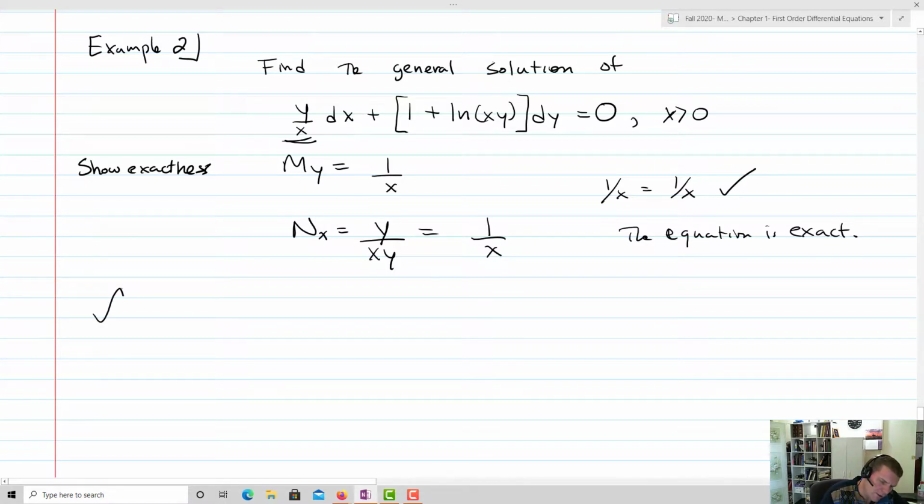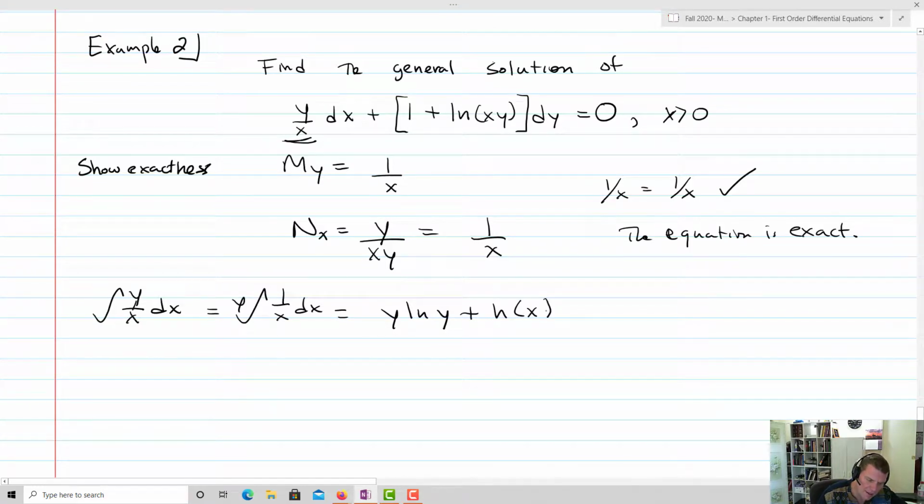So I'm going to take the integral of y over x dx, and this is actually just equal to the integral of y times 1 over x dx, which is equal to y natural log of x, plus some function h of y. Since we took the integral with respect to x, we're going to recover an h of y.